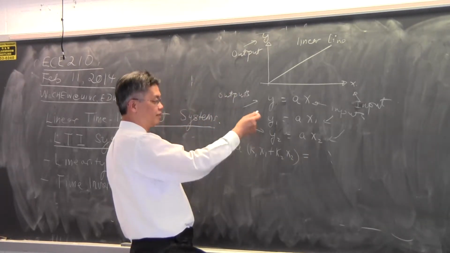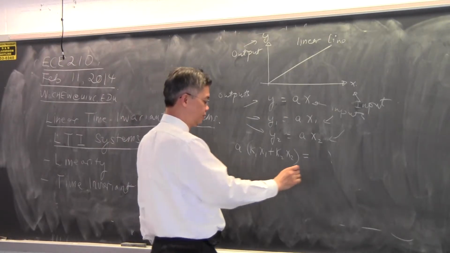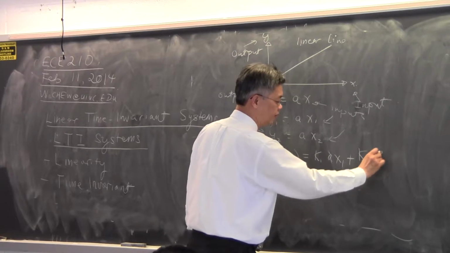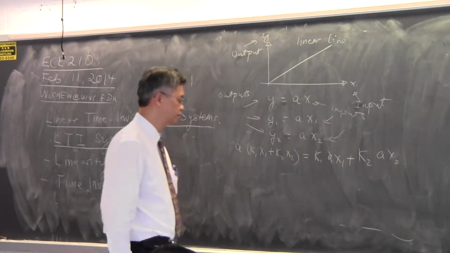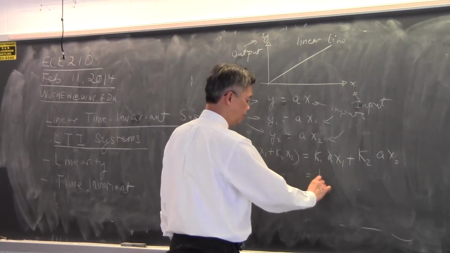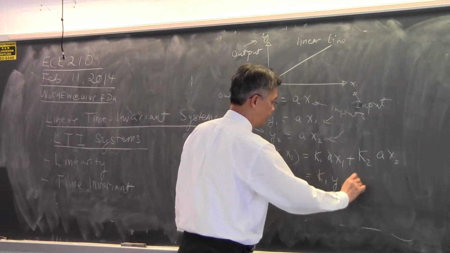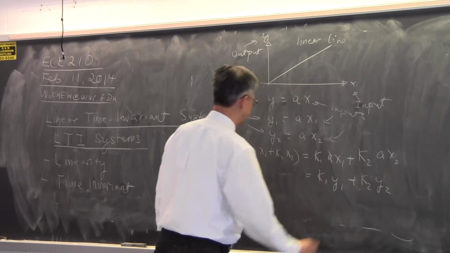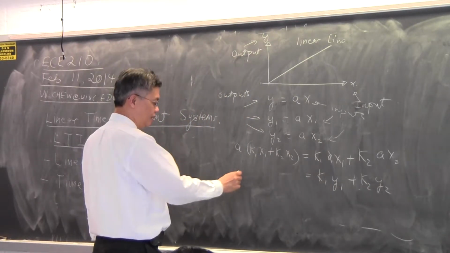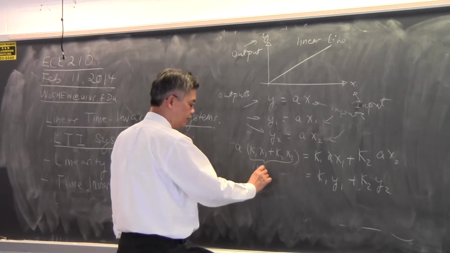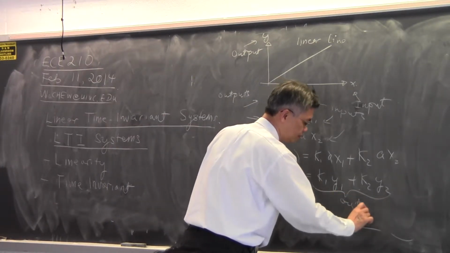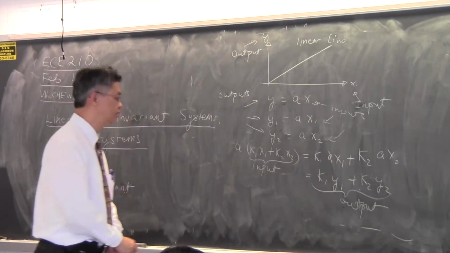If you plug this into the first equation, you get k1 ax1 plus k2 ax2, which is just k1 y1 plus k2 y2. If this is the input, this is the output. That's the definition of a linear system.